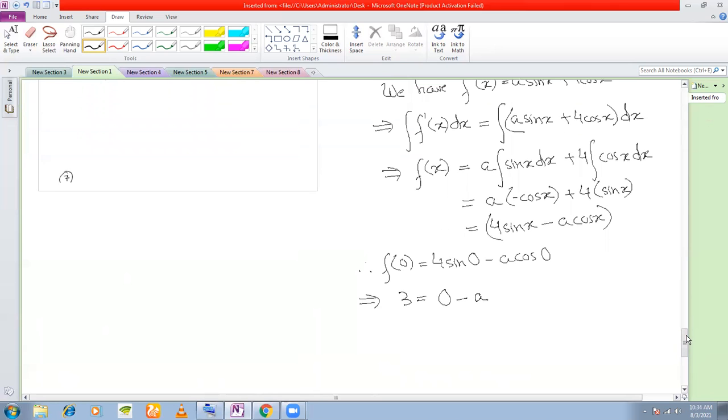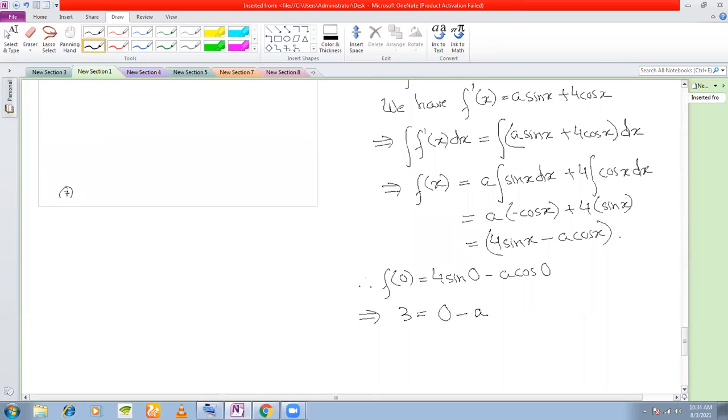Now there's one more thing. When you're integrating, you add an arbitrary constant also. So when you're integrating both sides, there's a constant, plus c. So you have minus a plus c. So what is the equation you're getting in a and c? You're getting c minus a is equal to 3. Call this equation number 1.